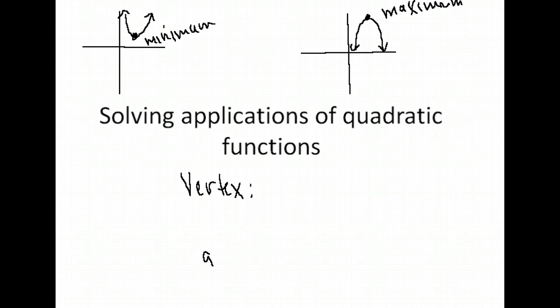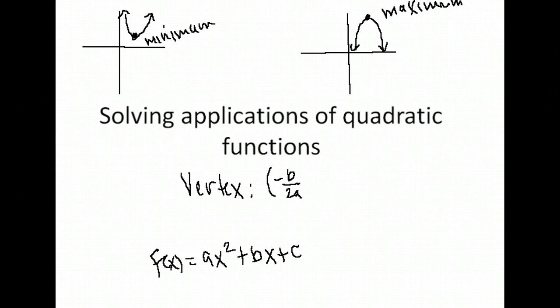And for a quadratic function written in this form, which it typically is when we talk about applications, f of x equals ax squared plus bx plus c, in order to find that vertex that's so valuable to us, we use the following formula. The x-coordinate is negative b over 2 times a. Okay, and notice here's our a and here's our b in our quadratic function.